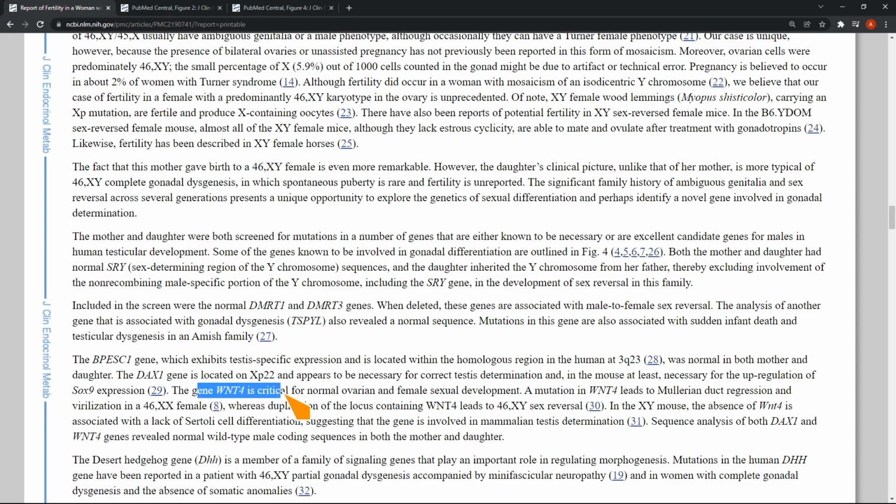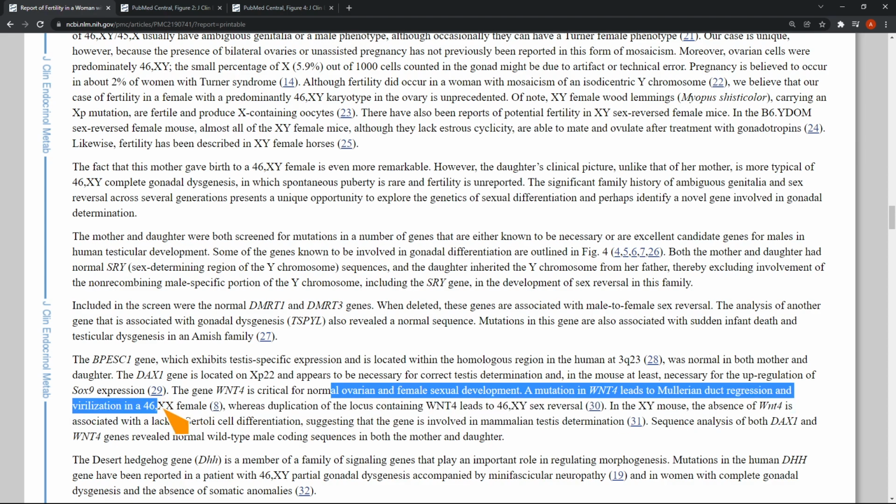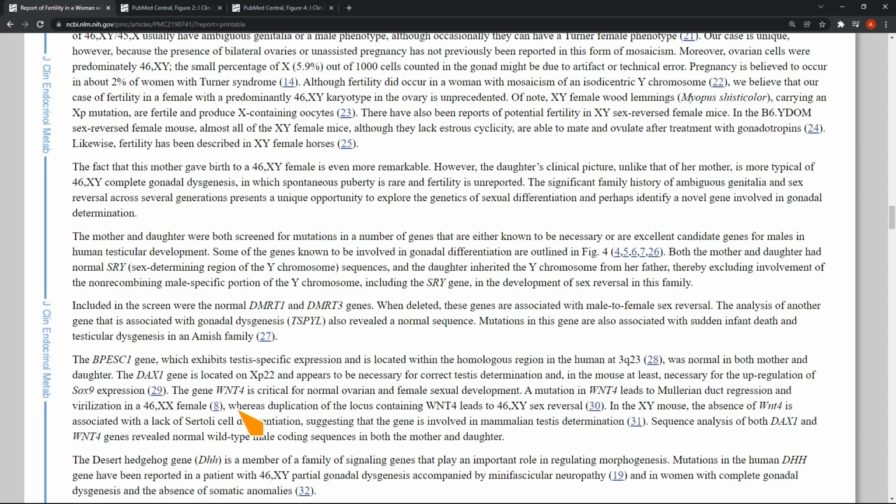The gene WNT4, we're getting in the weeds again, I'm sorry, is critical for normal ovarian and female sexual development. A mutation in WNT4 leads to Müllerian duct regression and virilization in a 46XX female, whereas duplication of the locus leads to sex reversal. So a mutation leads to abnormalities, and a duplication of the gene leads to sex reversal.